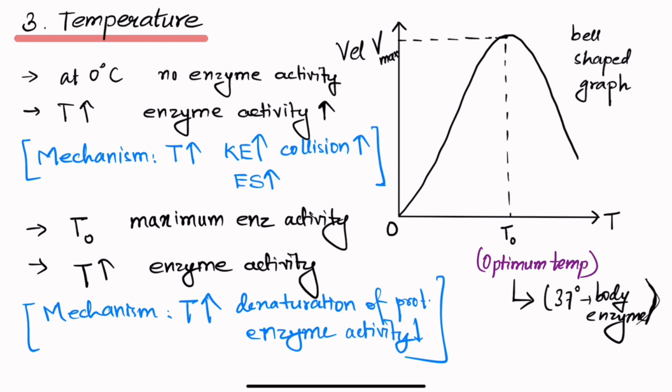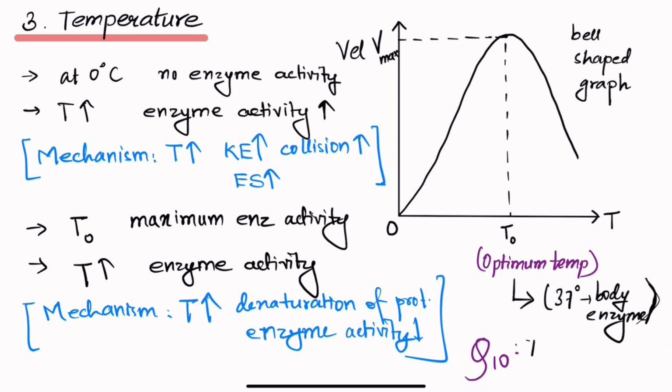There's one more term that you need to know, which is the Q10 value. This Q10 value is called the temperature coefficient. Basically, Q10 or temperature coefficient states that the velocity of the reaction increases by 2 times for every 10 degrees Celsius rise in temperature.